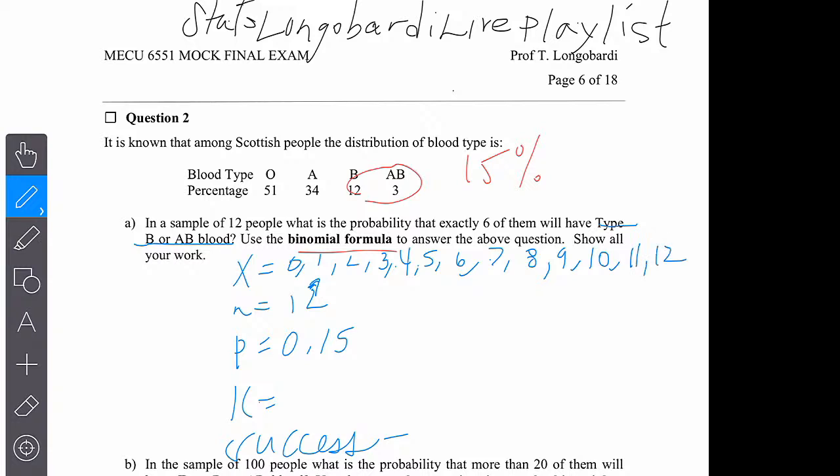Okay, those are all the possibilities, 0 through 12. And we are asked to find what's the probability that exactly 6.